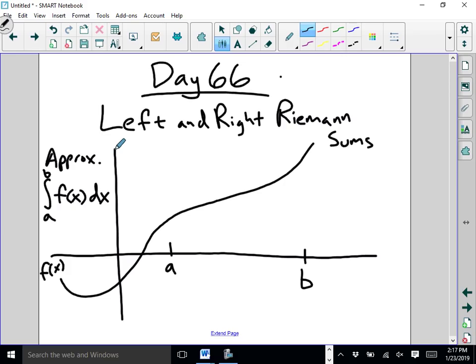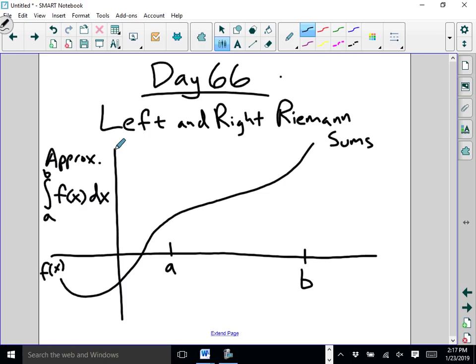So I can't do the work that we were doing today in class where I just, oh, it's a triangle. I know the formula for the area of a triangle or a rectangle or a semicircle or anything like that. We just have a curved function here. So I want to figure out a way that I can estimate the area under this curve here.